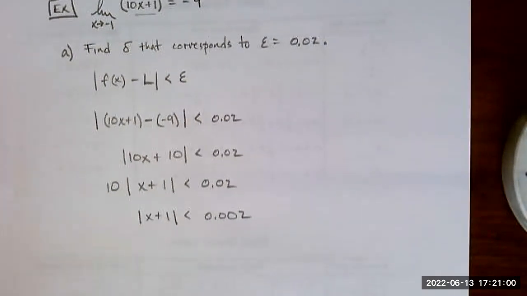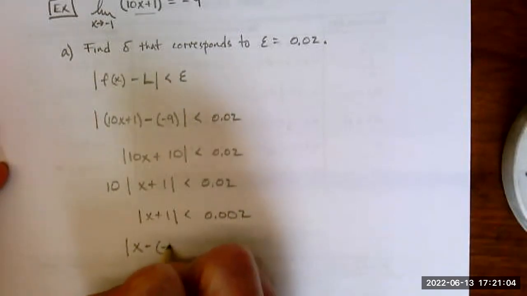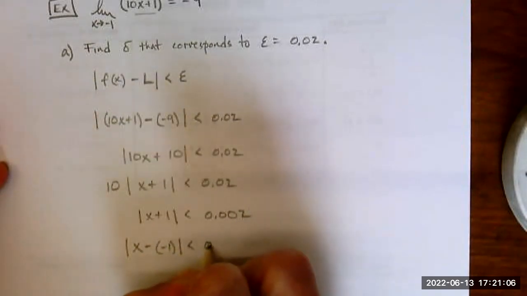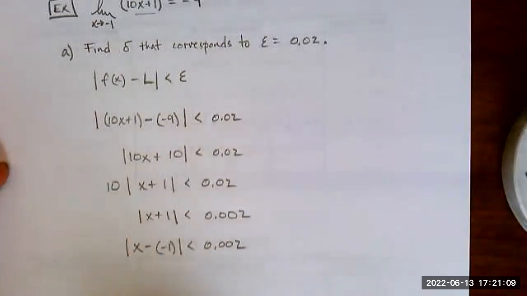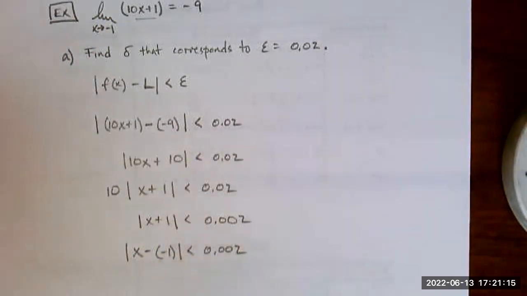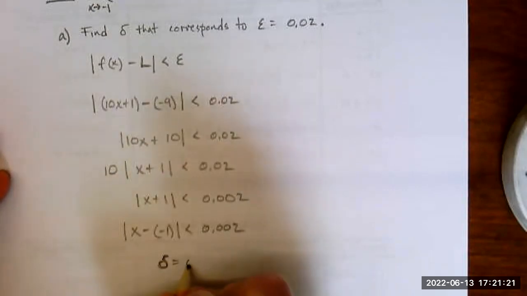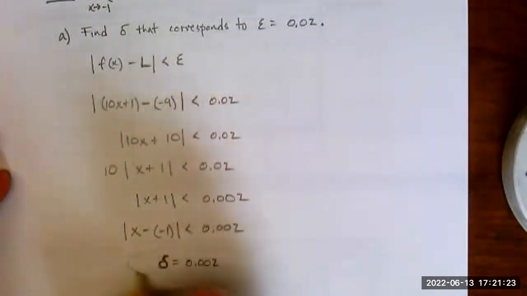And if you notice that x plus 1 is the same as x minus -1, it'll make it a little bit more clear. So the distance between x and -1 is less than 0.002. So that's our answer for delta. Delta equals 0.002.